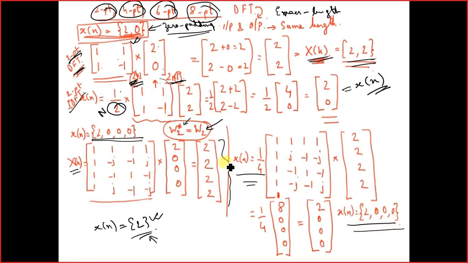Now if you compare this Twiddle factor matrix W4nk and its conjugate, for all the complex variables they are having opposite signs.